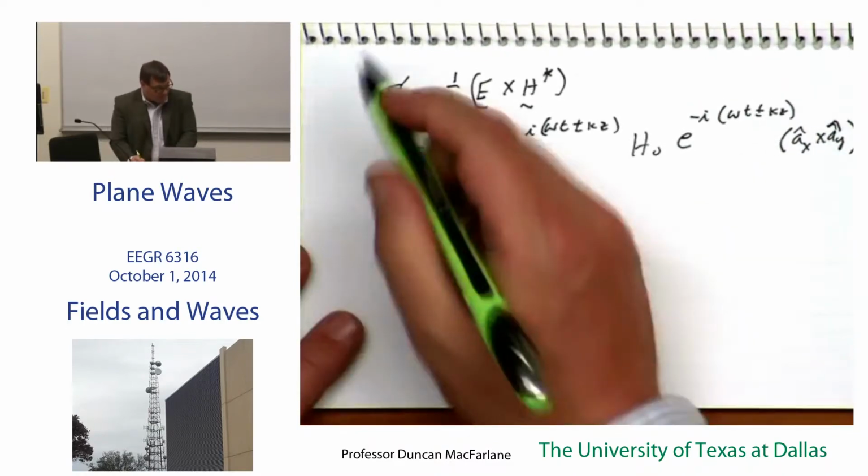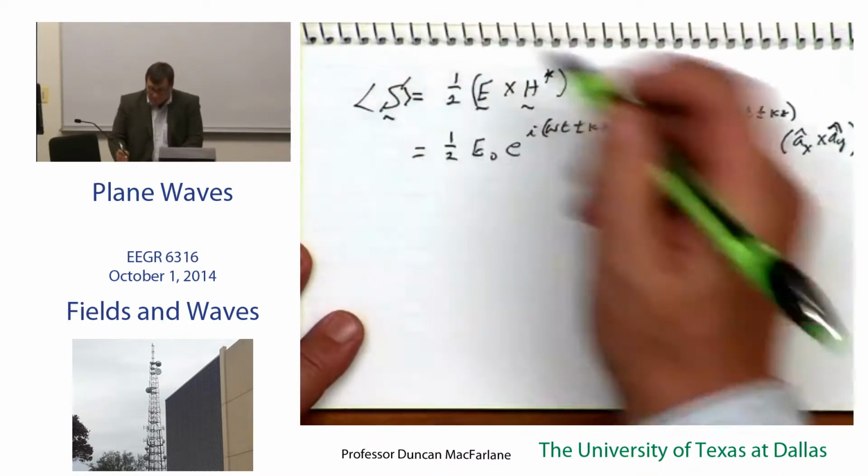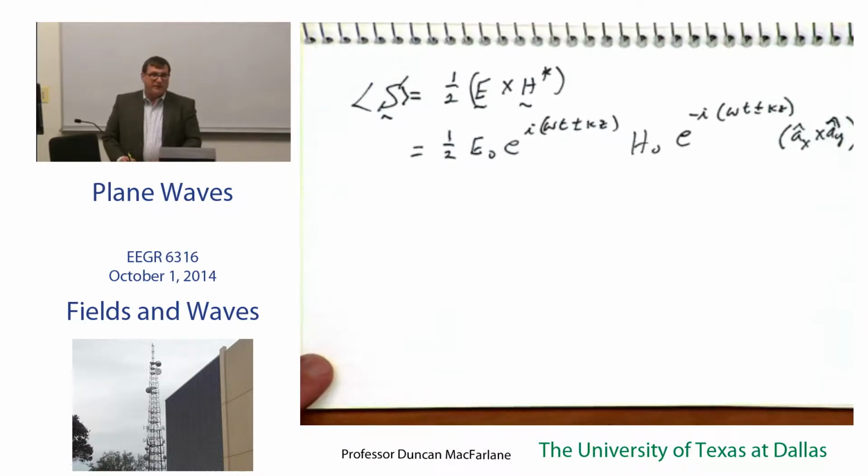Now really what I'm doing is I'm calculating the time-averaged Poynting vector, and I'm being lazy on my integral.